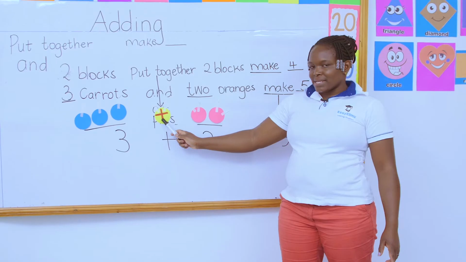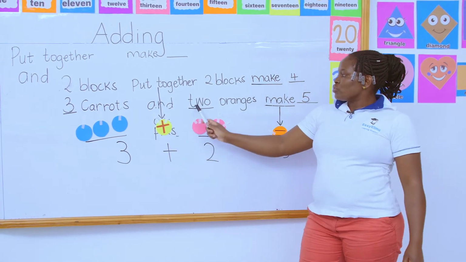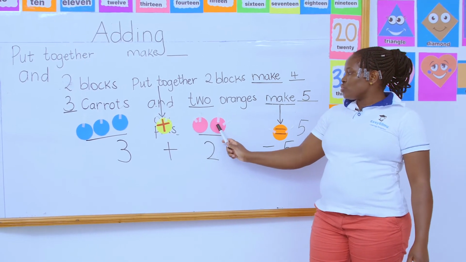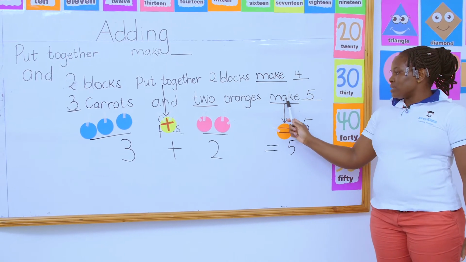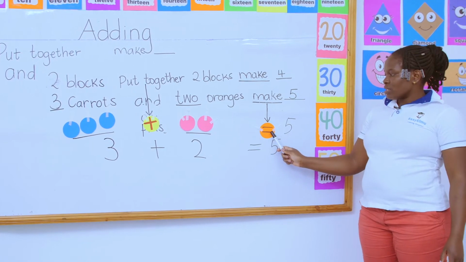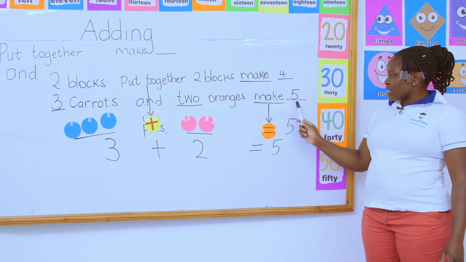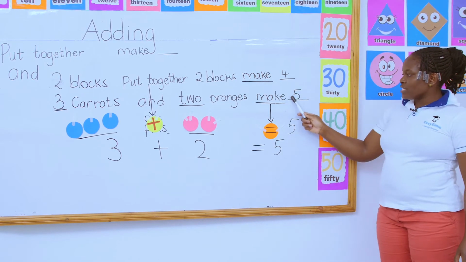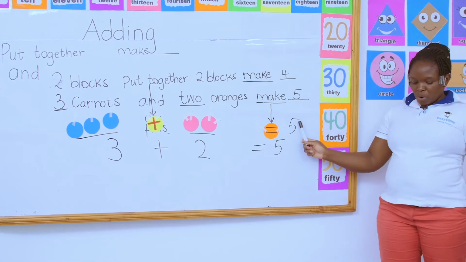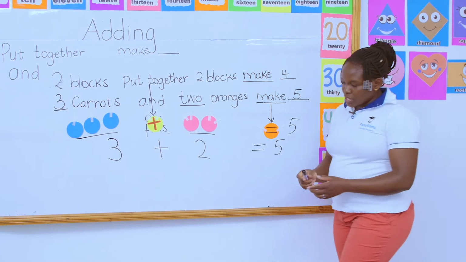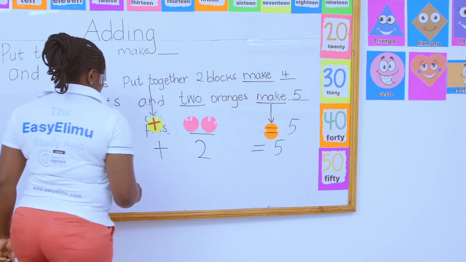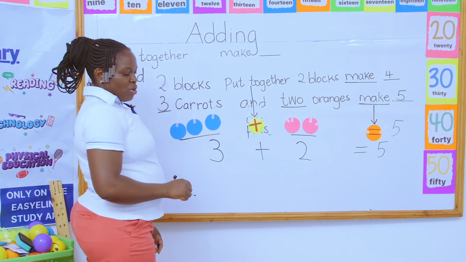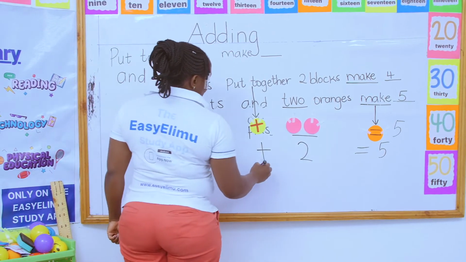And means a plus or add. 2 oranges, 1, 2. Make is represented by the term equal. And then 5, that is the total number of items that Kate's mother bought. So we use plus to show what? We use plus to show add.